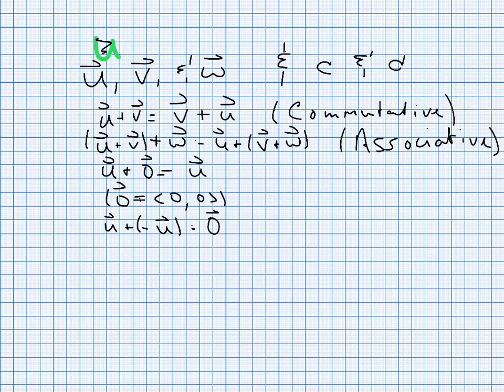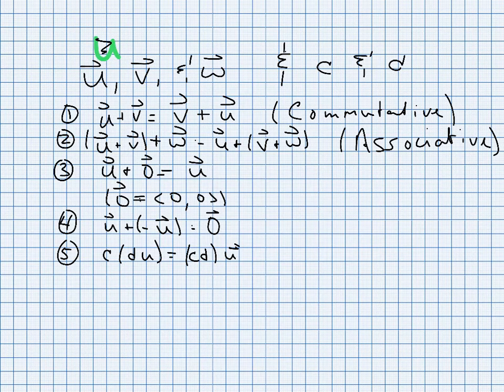We also know, so let's number these. So this is 1, this is 2, this is 3, this is 4, number 5. Number 5 is c times d times u is equal to cd times u.